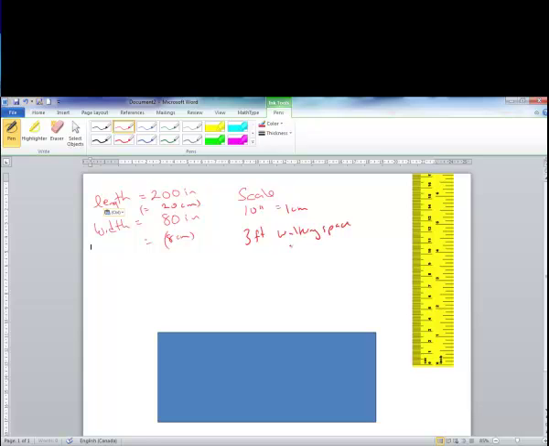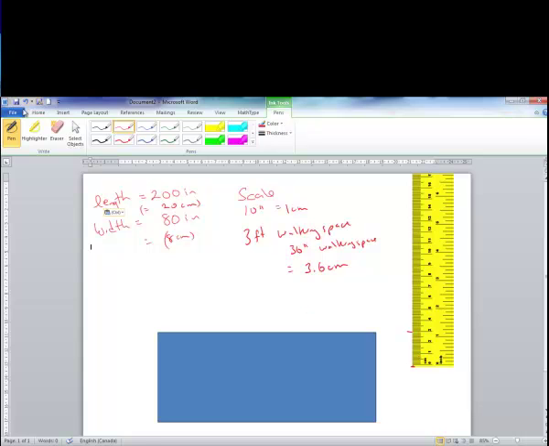Okay, so that would be 36 inches walking space, or 3.6 centimeters for my diagram, right? So 3 centimeters from here to here. I just want that much space all around the outside so people can walk around it.